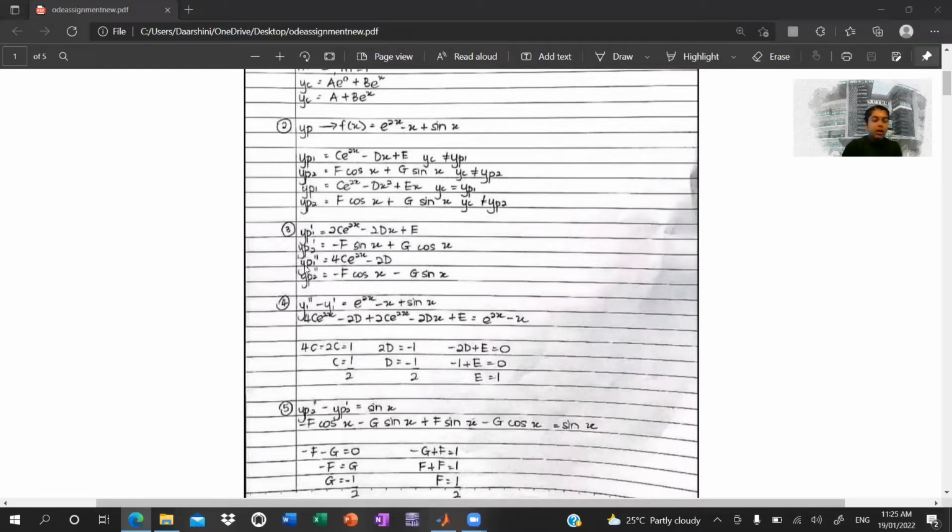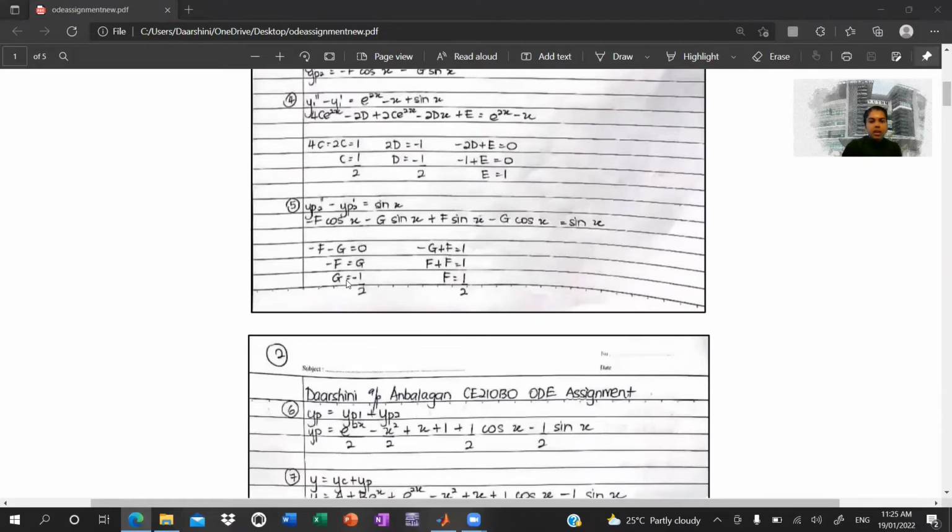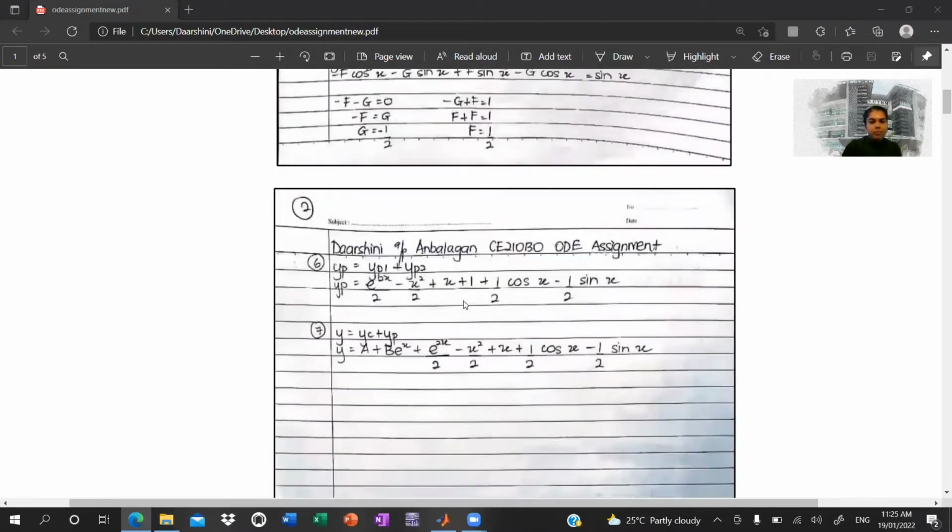My yp1 double prime is 4c e to the 2x minus 2d. I substituted all of my yps into the equation and got c equals 1 over 2, d equals negative 1 over 2, e equals 1, g equals negative 1 over 2, and f equals 1 over 2.